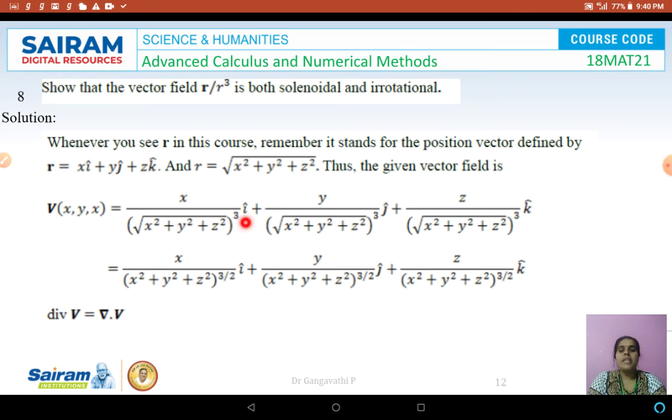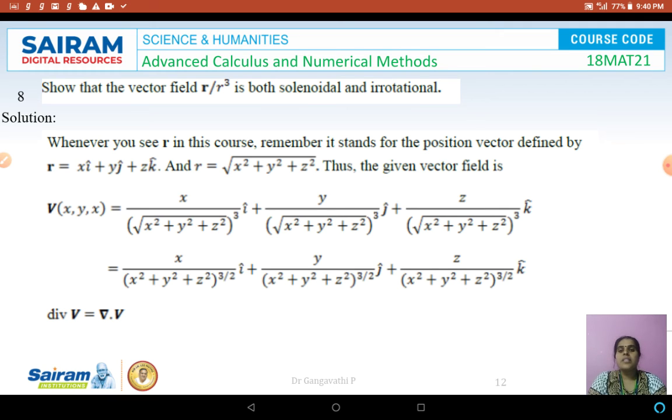The cube is there everywhere. So this square root can be written as x square plus y square plus z square to the power of half, and into 3 gives us 3 by 2. Here also the power is 3 by 2. Here also the power is 3 by 2. This is in the form of f1, f2 and f3 for any vector v.